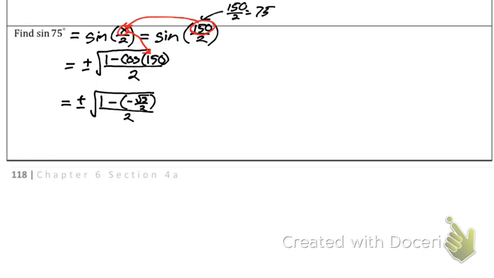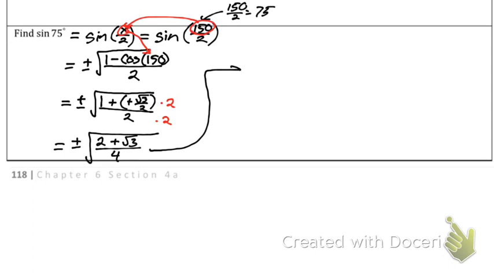A negative times a negative would just be a plus. To get rid of that fraction, I'm going to multiply the top by 2 and the bottom by 2. That equals plus or minus the square root of 2 plus the square root of 3 over 4, which is just the square root of 2 plus the square root of 3 all over 2.